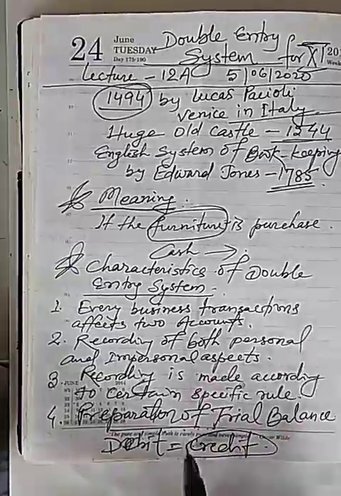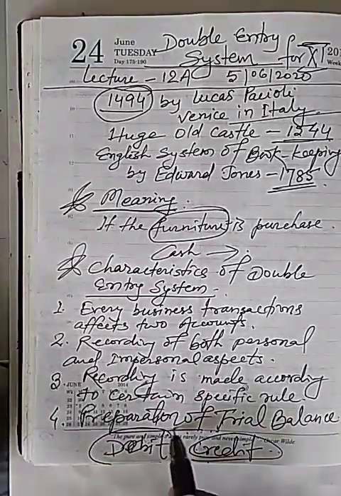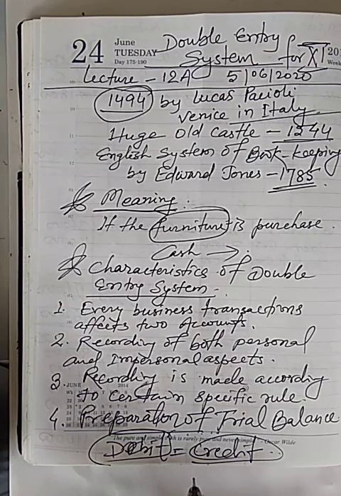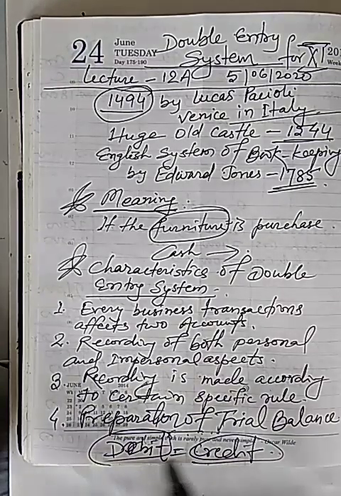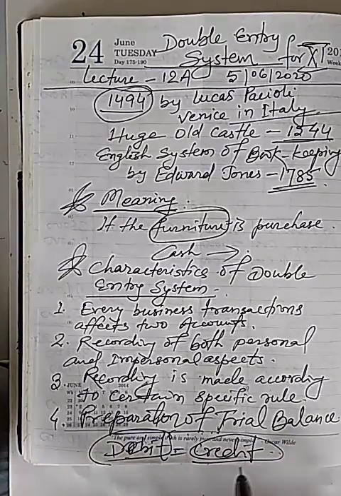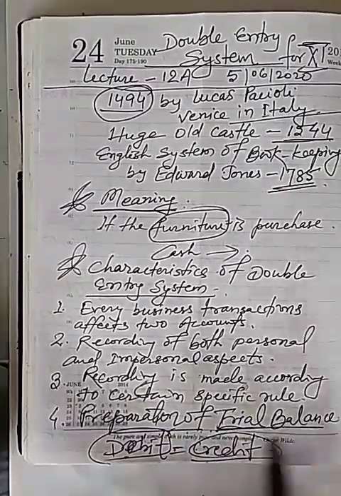All the debits will equal all the credits. This helps in finding out the arithmetical accuracy of the accounting records. This is done by preparing a trial balance.